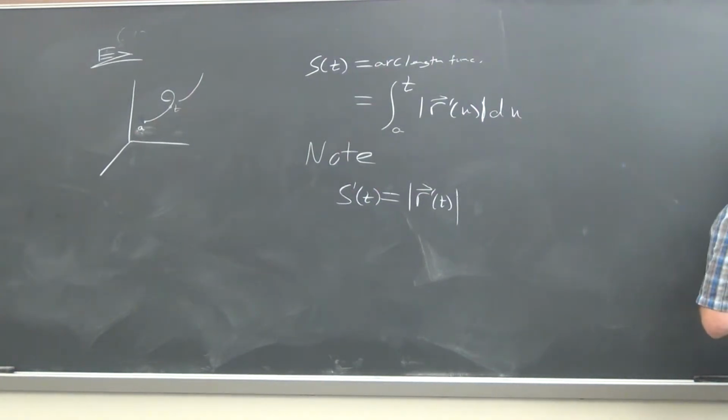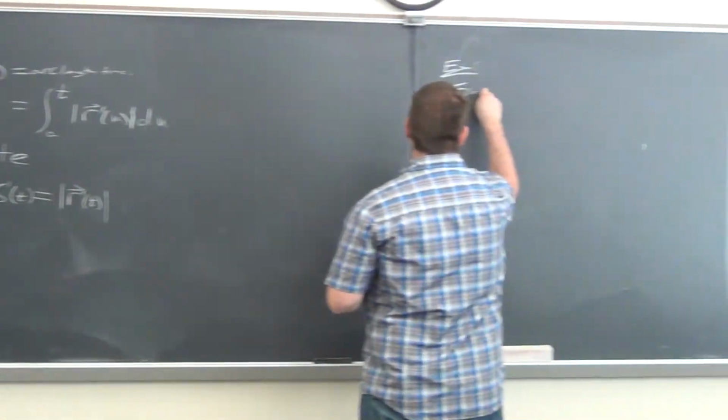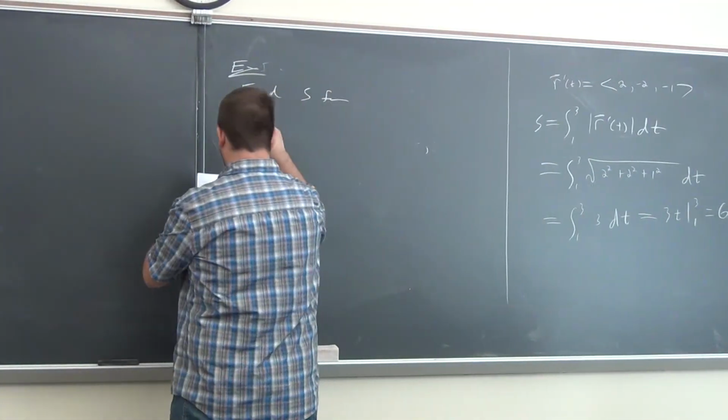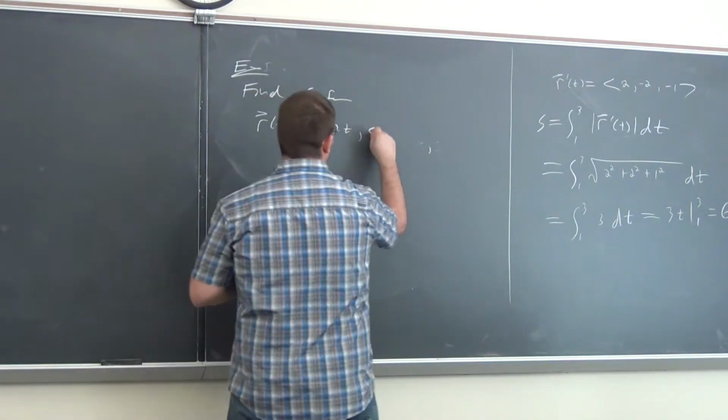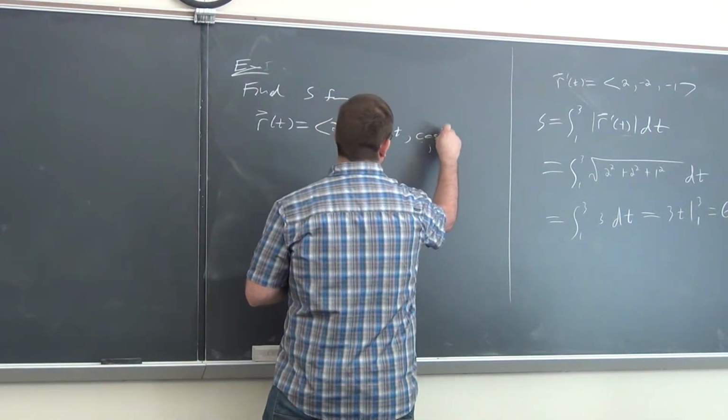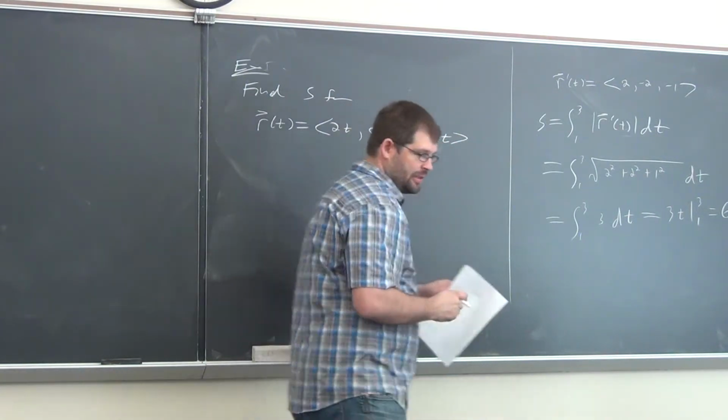And so let's do an example here. Find s for r of t equal to 2t, comma sine of t, cosine of t.